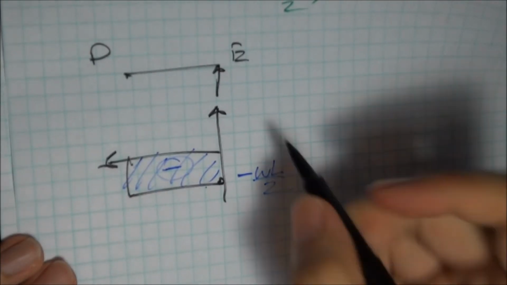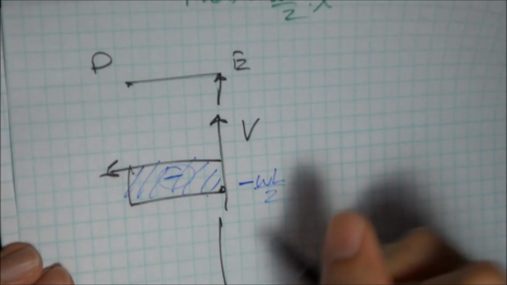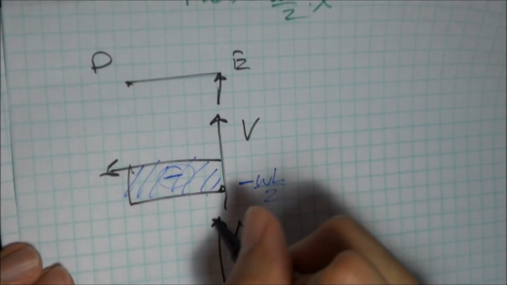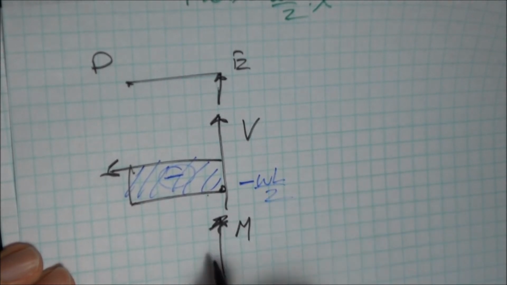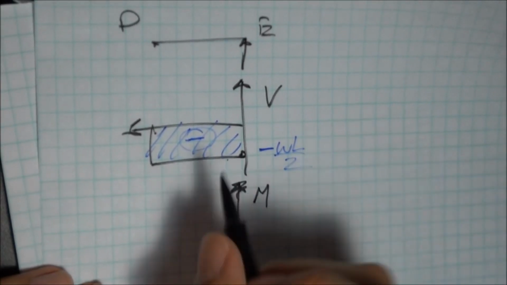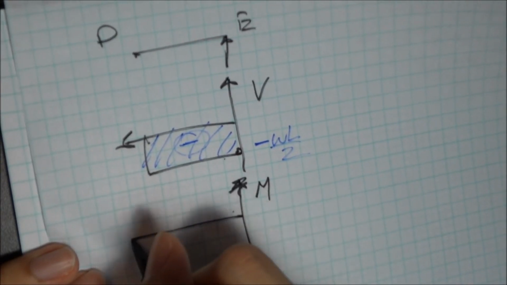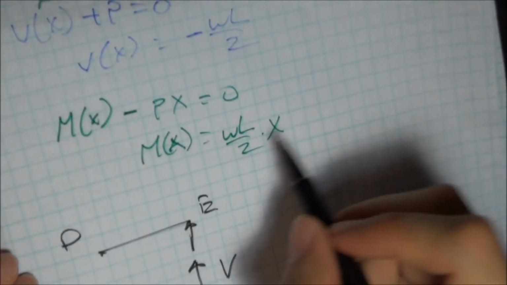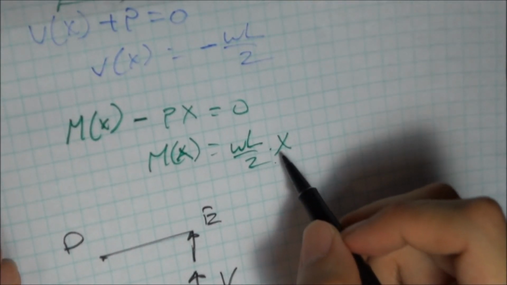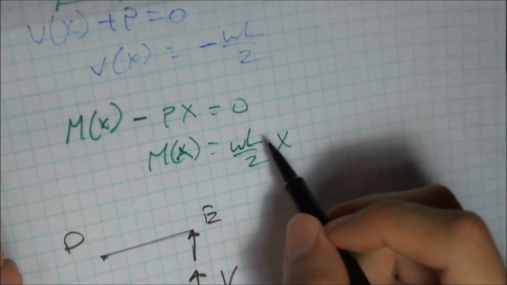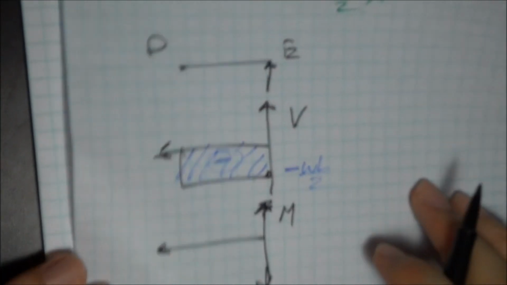If I draw my moment, this is my shear. My moment diagram looks something like this. Let me draw my moment diagram upside down, just to mess with you. This is going to be WL over 2 x. I'm going to draw my graph. This is a positive equation.